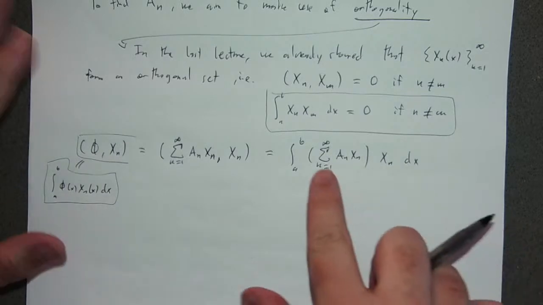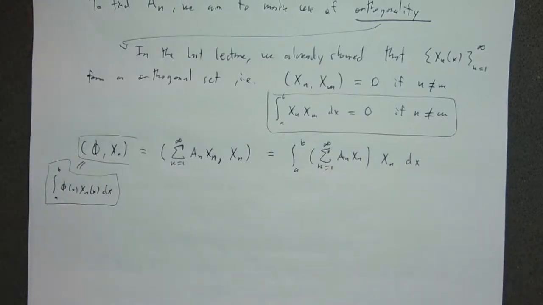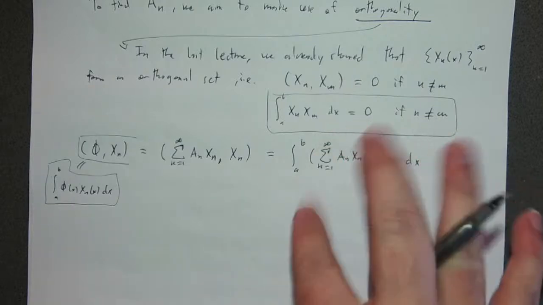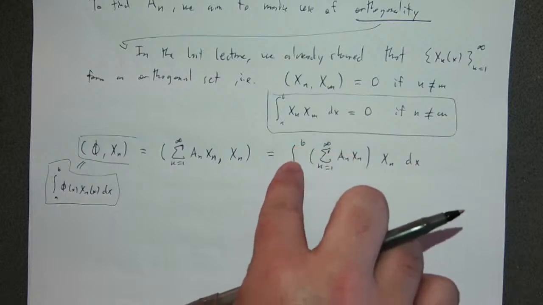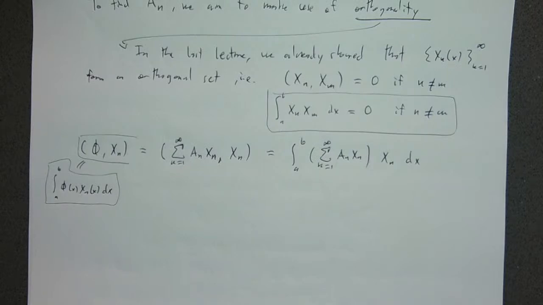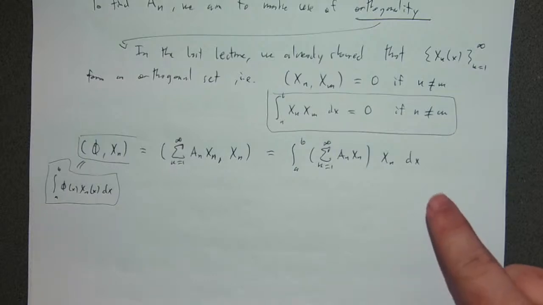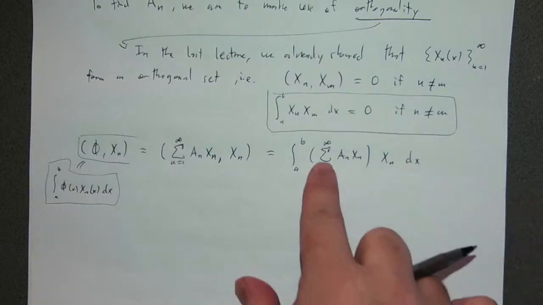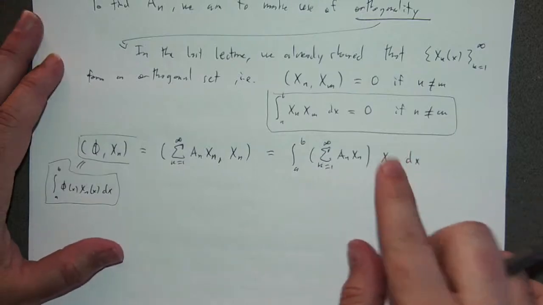So what do I do here? Well, I'm going to do the thing that I did when I was dealing with Fourier series to begin with, which is swap the order of the integral and the sum. That is something that has to be justified, but it works for a wide class of such things, and we're in a case where it's going to work here. First, let me re-index this because it is a little confusing.